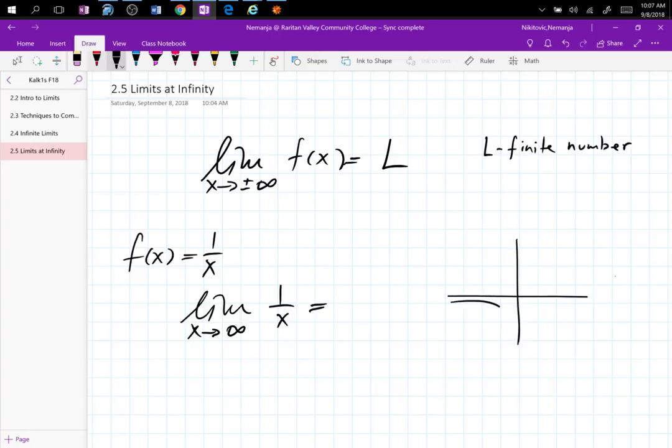As you look at the graph, you see that as x approaches positive infinity, the answer approaches 0, the y value approaches 0, so the answer is 0. Do we all see that?